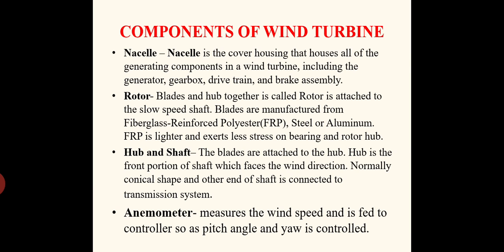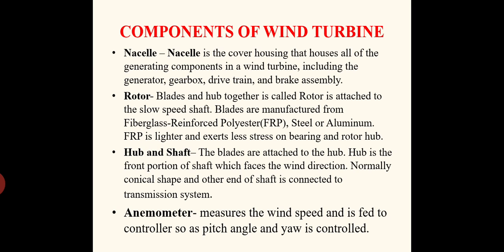If an accident happens, it will create a lot of problems, so we must be very careful about the safety of the wind turbine. So less stress should be there on the bearings, rotor hub, etc. That is satisfied by using FRP as the rotor blades.